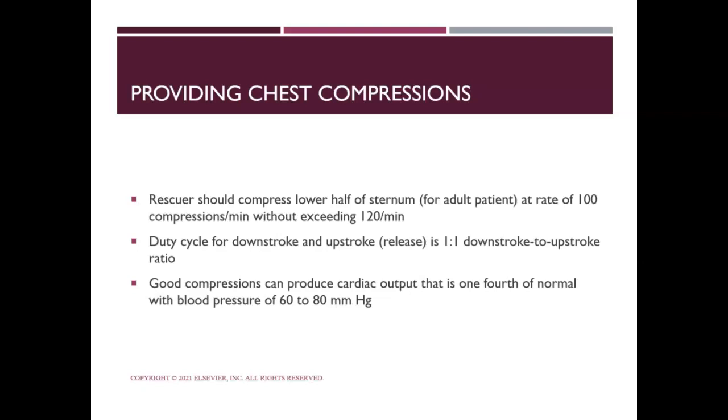We don't care that the patient might have a broken rib at the end of all of this, because if you're doing nothing or you're not doing it hard and deep enough, the patient won't survive this situation anyway. So you're going to compress on the lower half of the sternum for adult patients, and the rate should be a minimum of 100.